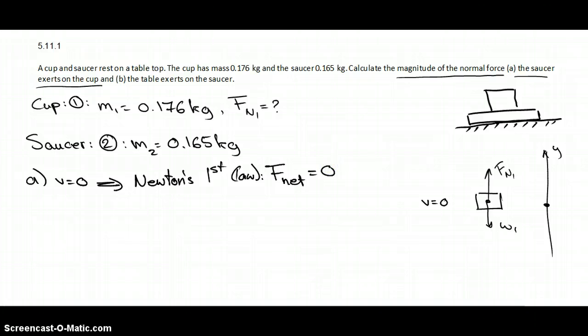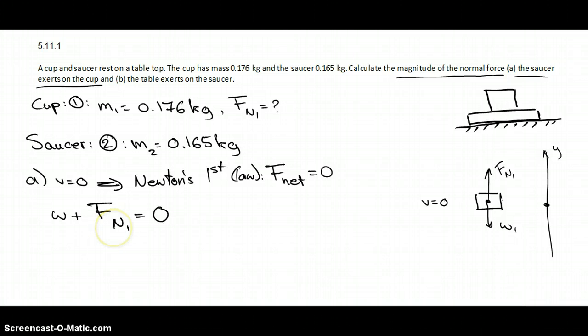Okay, the net force is 0. What forces are applied on the cup? As we said, there's the weight, and there is the normal force, which means weight and the normal force, which are actually the net force, are equal to 0.